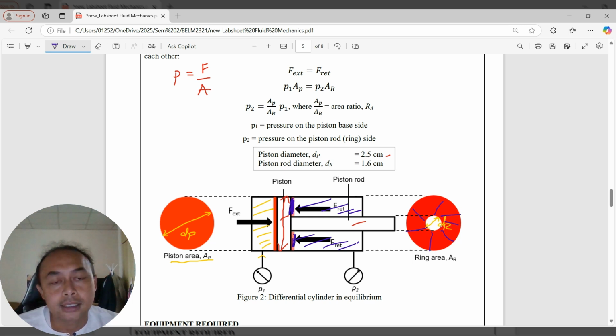It looks like a ring or a donut. And this area is given by the total piston area minus this small rod area.